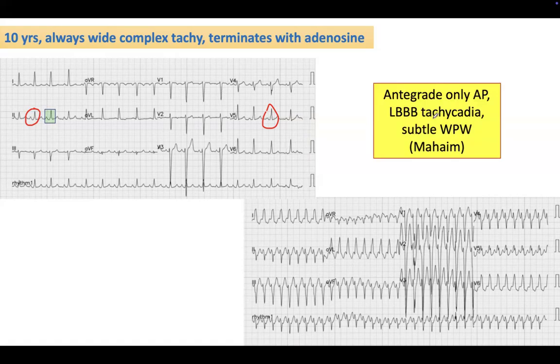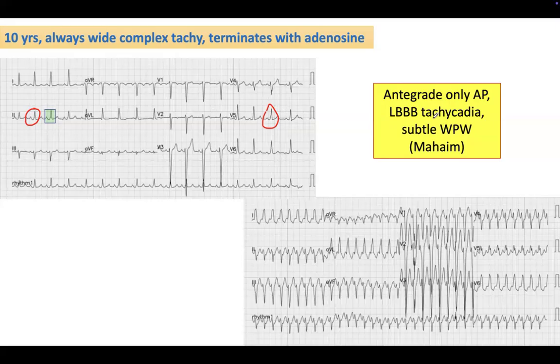Antidromic SVT, okay? A tachycardia that goes down the accessory pathway and up the AV node. Because always wide complex tachycardia, then antidromic SVT is a differential. And there are accessory pathways that only conduct antegrade, meaning A to V, but don't conduct V to A. So if they get tachycardia, it's always wide complex tachycardia.